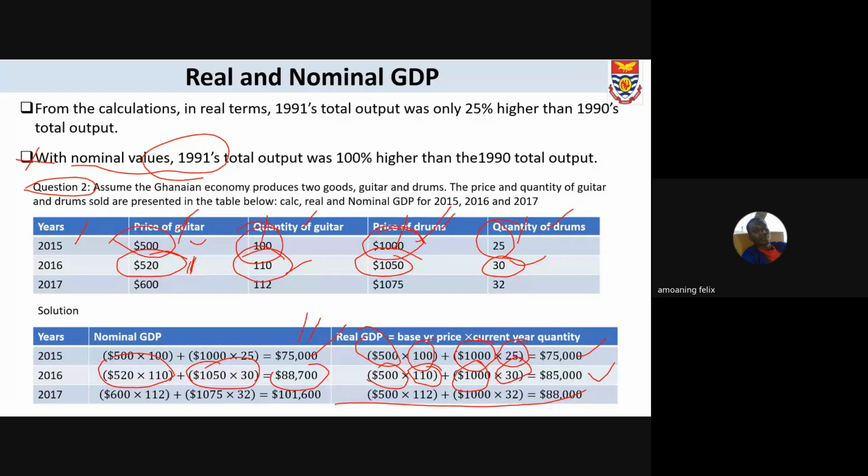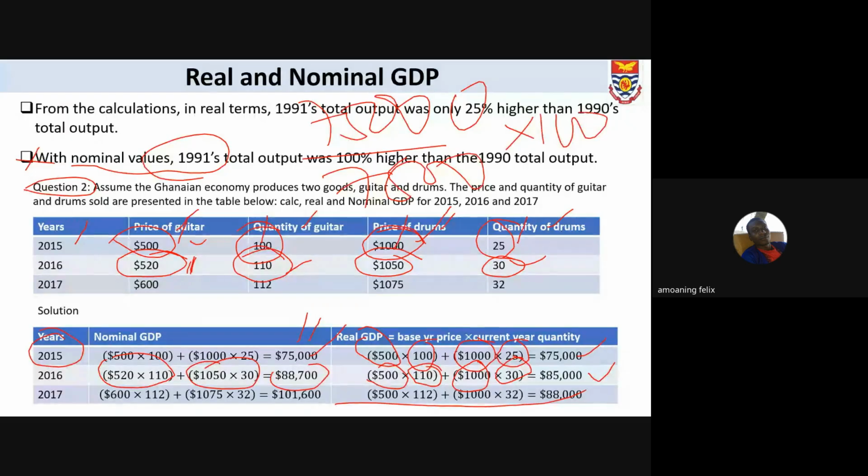So what can you deduce from my base year category? We are saying that the base year is 2015 from this question. Now, if the base year is 2015, what was the real GDP? Is it not 75,000? What was the nominal GDP? Is it not 75,000? And we are saying that the GDP deflator is your nominal GDP divided by your real GDP times 100.